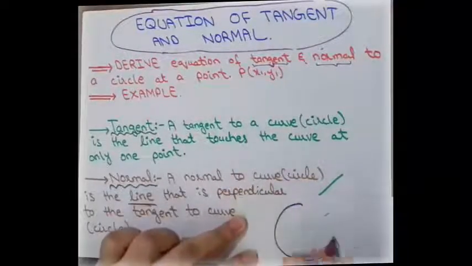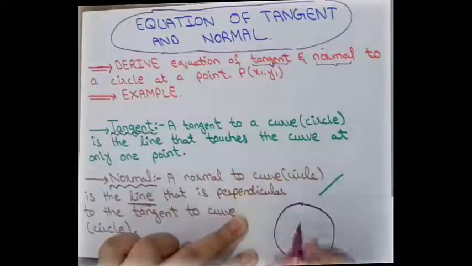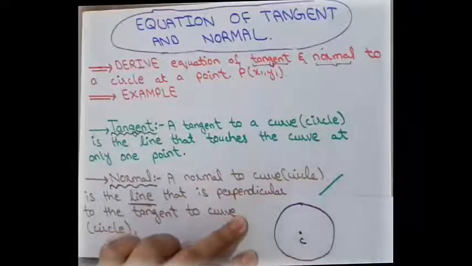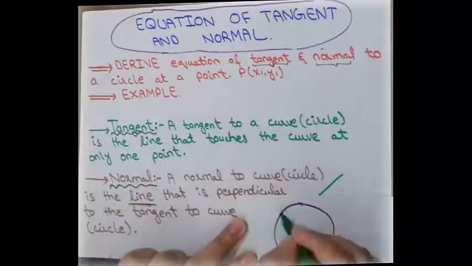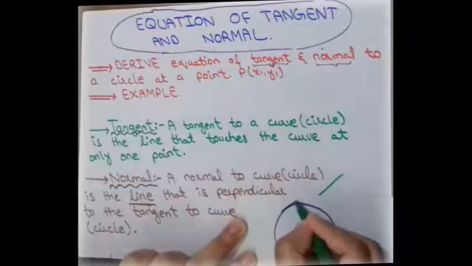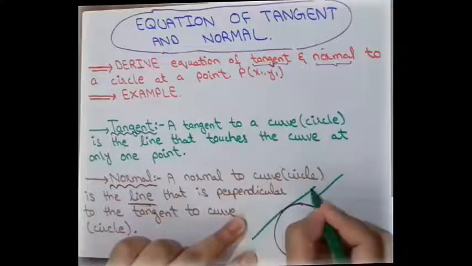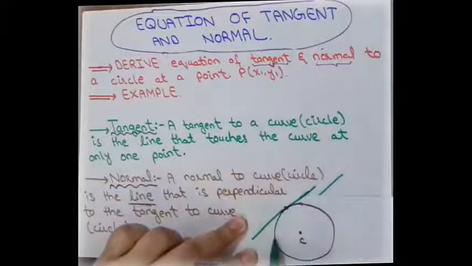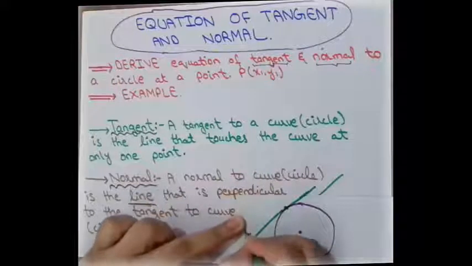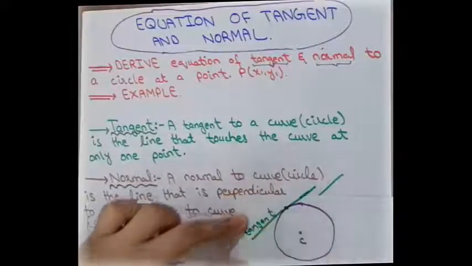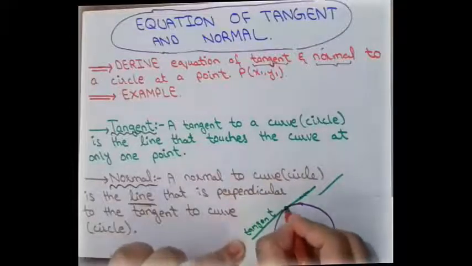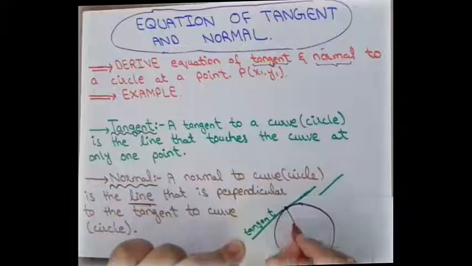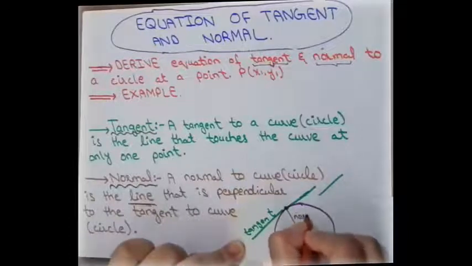If we have a circle and here is the center of the circle, the tangent is the line that touches the curve at only one point. So if there is a line which touches only one point of the circle, then this line is called a tangent. If I draw a line perpendicular to this tangent, then this line is called a normal.